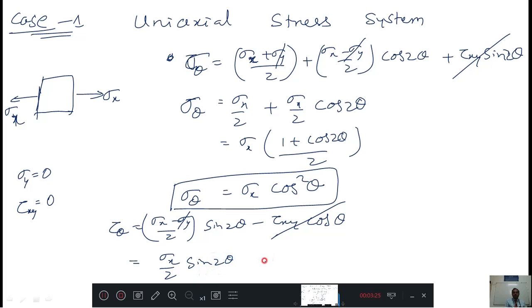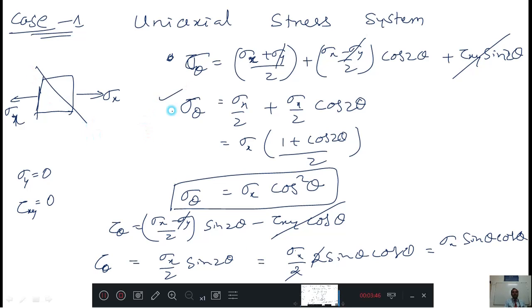This sin 2 theta you can split: sigma x by 2 into 2 sin theta cos theta. Then the 2s cancel. You can have sigma x sin theta cos theta. This is the tau theta value. Means on any interested plane you can have sigma theta and tau theta. Those two values you got.